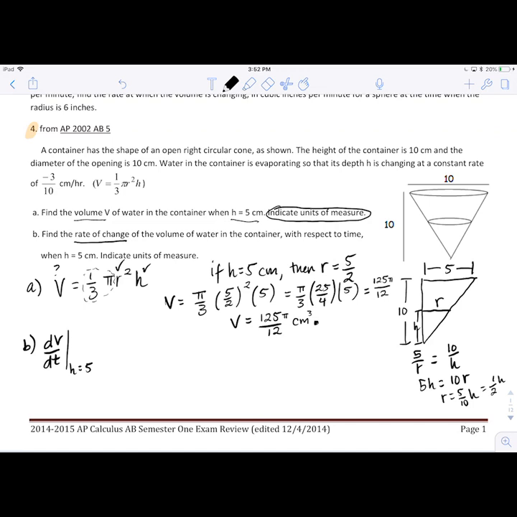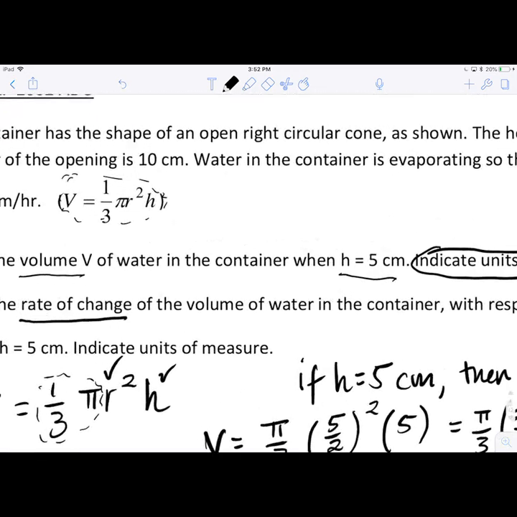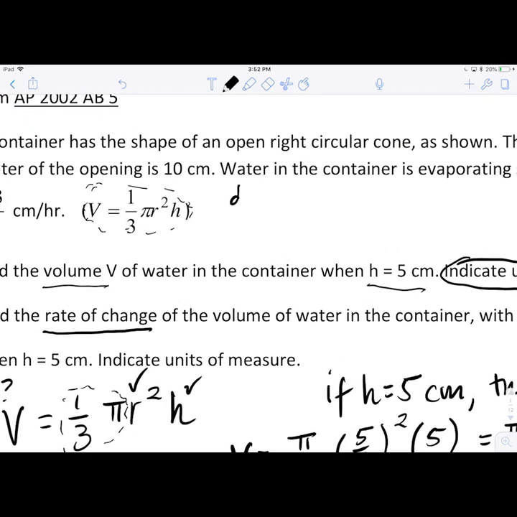Which means I'm obviously going to need to take the time derivative of this formula. So let's do it up here. I'm going to do dV/dt is equal to pi over 3, which is a constant. We're going to multiply that times the derivative of r squared h.